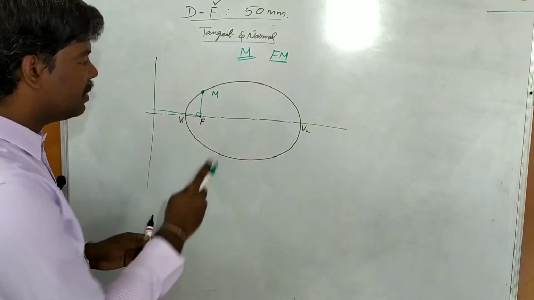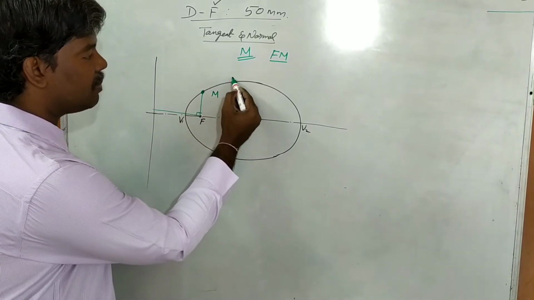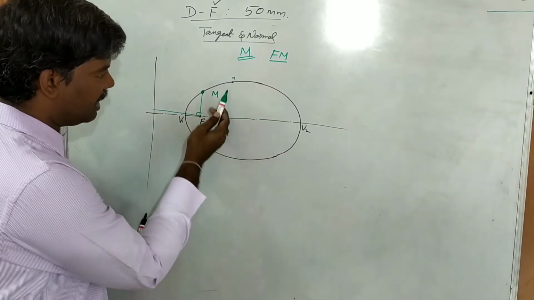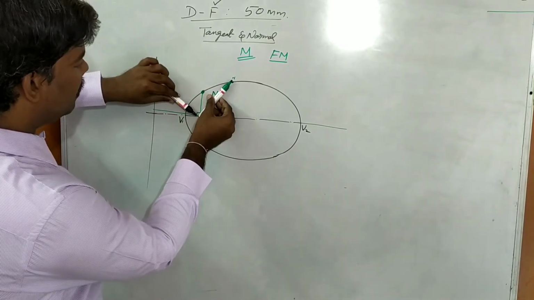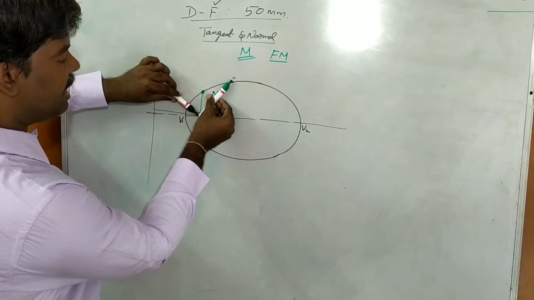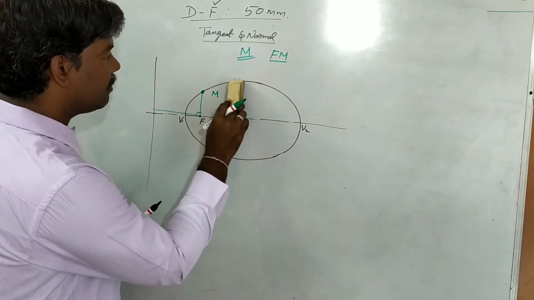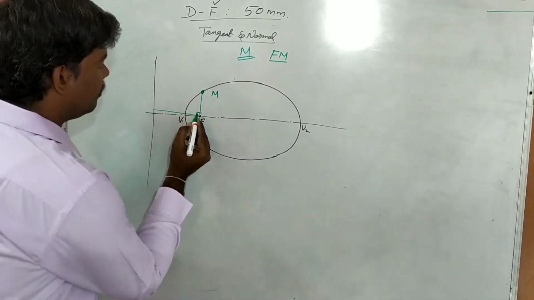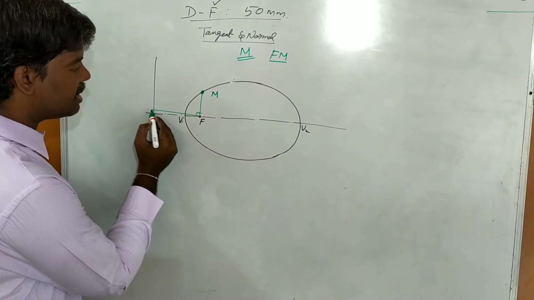So first thing, anywhere they mention, for example here also, that is point M, first you join FM, then by using the drafter scale, this is 90 degrees, okay, so you draw 90 degrees like that. Clear? Then I join FM, perpendicular 90 degree lines.